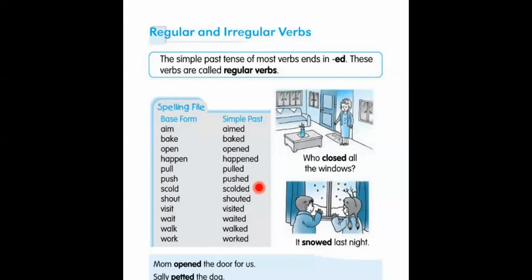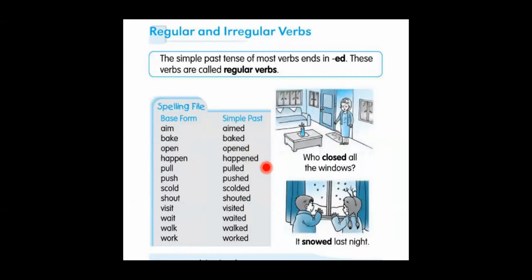So we have seen that when we add ed to the verbs, like here, open, opened, happen, happened, close, closed. When we add ed to the verbs, they are known as regular verbs. These all are regular verbs.